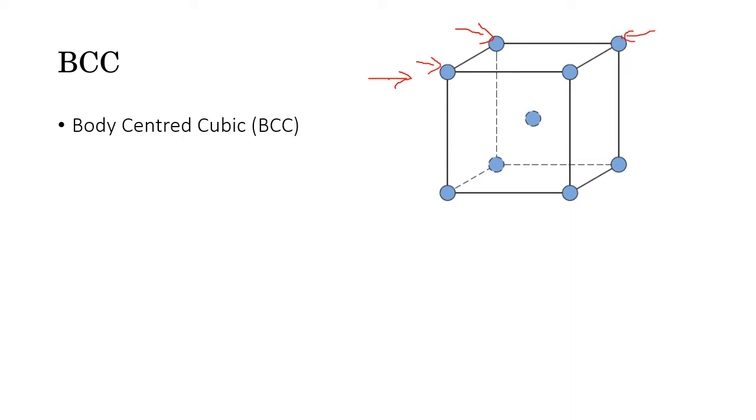It's actually 1/8 of an atom, as we will see in the hard sphere model. So at each corner there is an atom, plus there is an additional atom at the interior or at the center of the cube. So that's why the name body centered cubic.